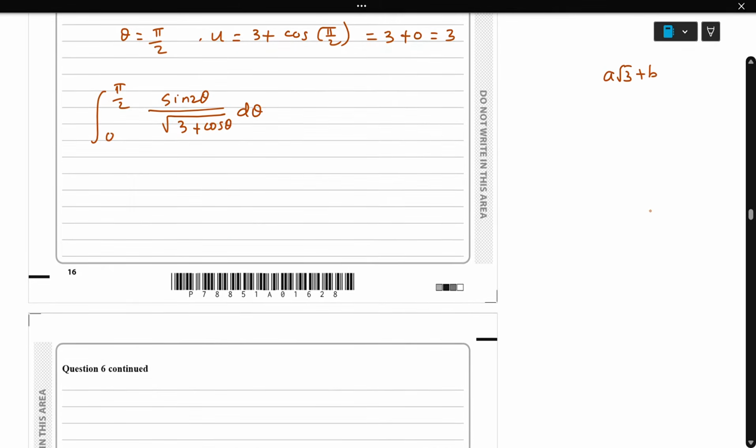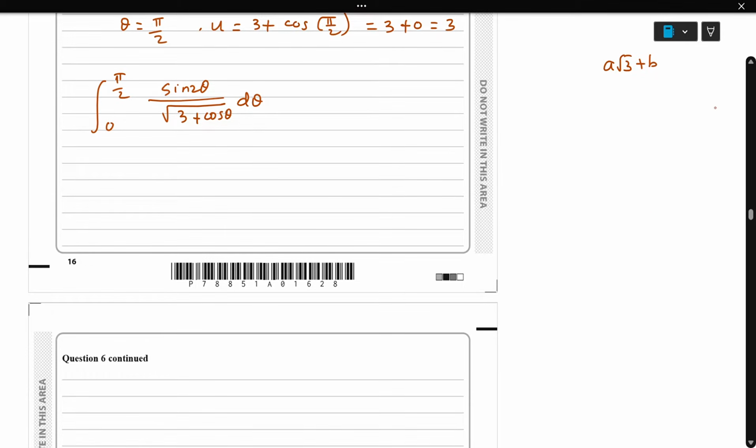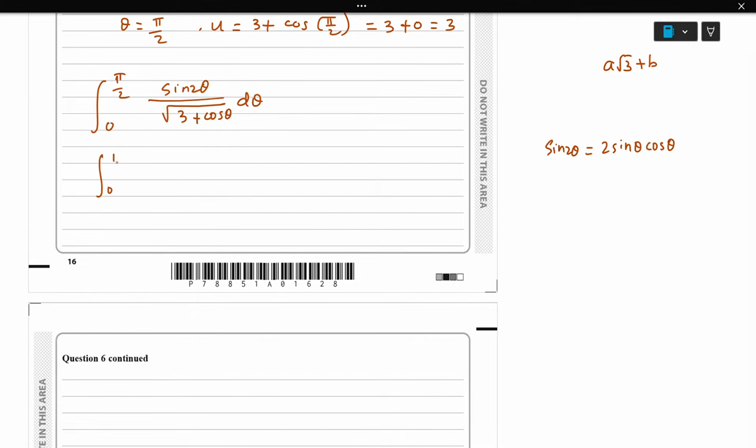Here we know the formula sin 2 theta equal to 2 sin theta cos theta, so I'll replace it here. Integral 0 to pi by 2, 2 sin theta cos theta over square root of 3 plus cos theta d theta.